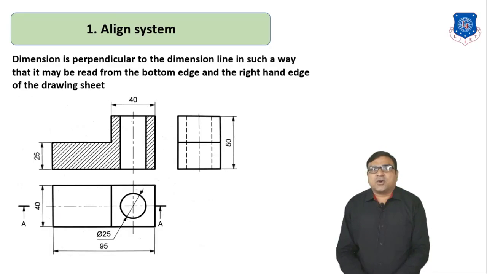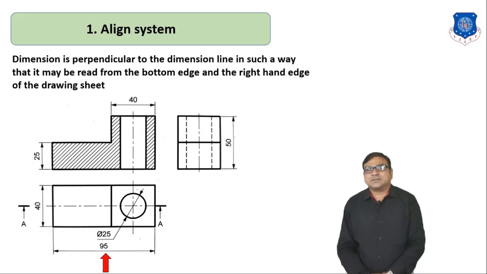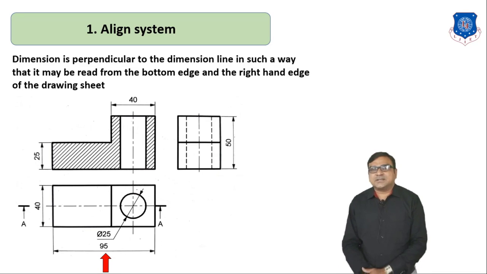So in this particular drawing, in the top view, this 95 mm value is put above the dimension line, and it must be in the middle of the line, and another 40 mm.